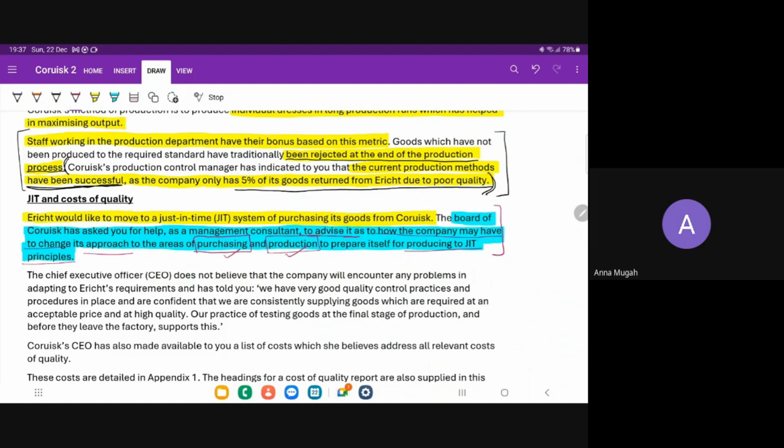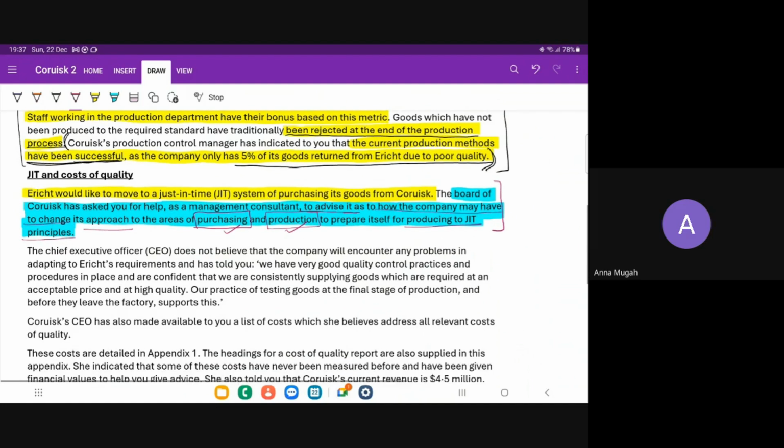How can I change my production and purchasing processes so that I can be comfortable in dealing with the requirements from RH, which is going to move to JIT, right? This is something I am supposed to understand from you. So you are supposed to guide me on how I'm going to change my processes. So that's basically your area to do, right?